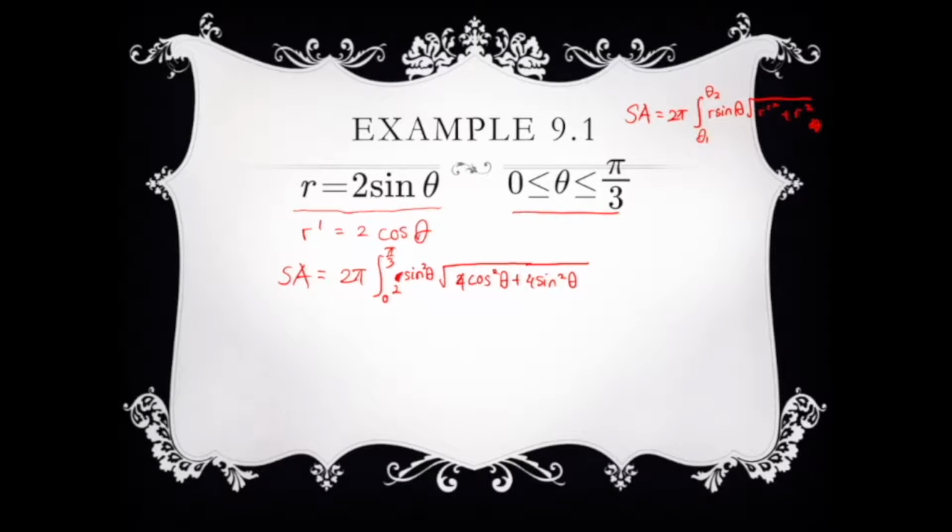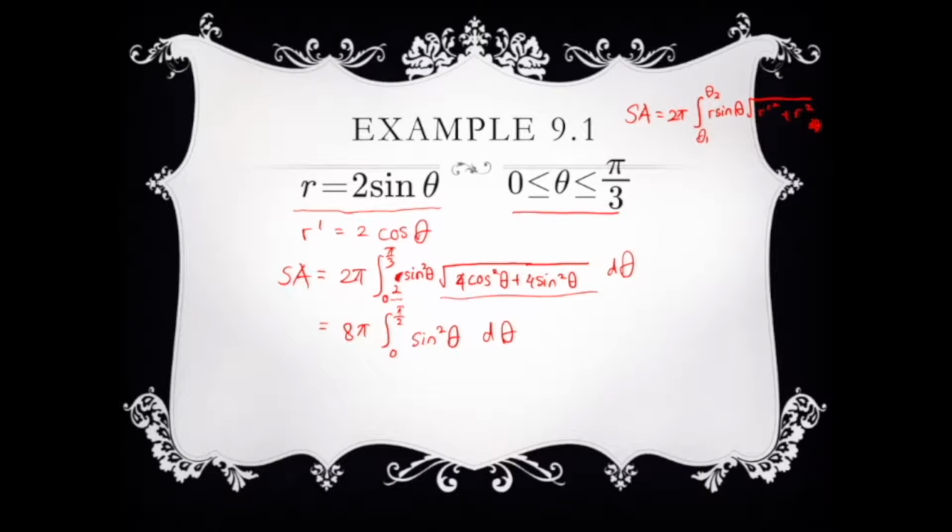And this entire thing under the root becomes root 4, which is 2. And we can combine the 2 of the root here and the 2 here and move it outside with the 2 here, and they all become 8 pi times the integral from 0 to pi over 2 of sine squared theta d theta. Here too, don't forget the d theta, it's very important.